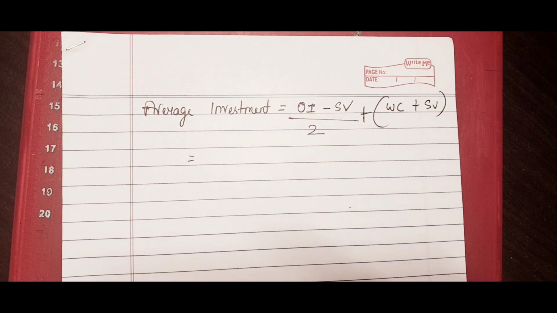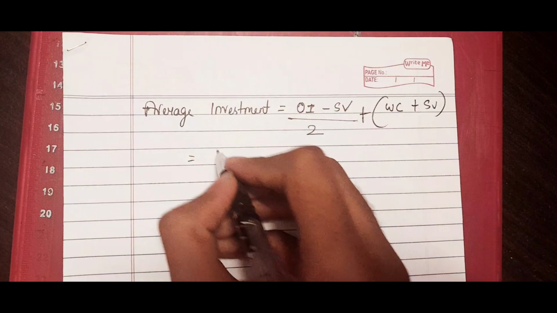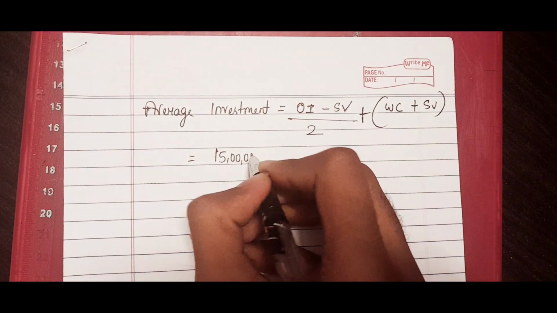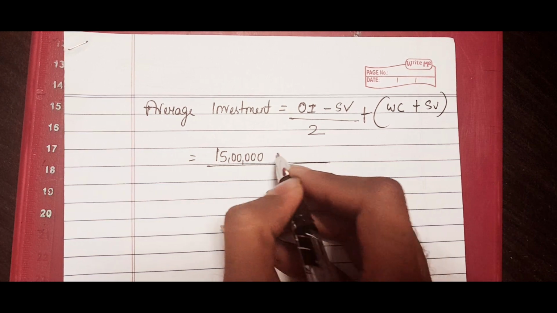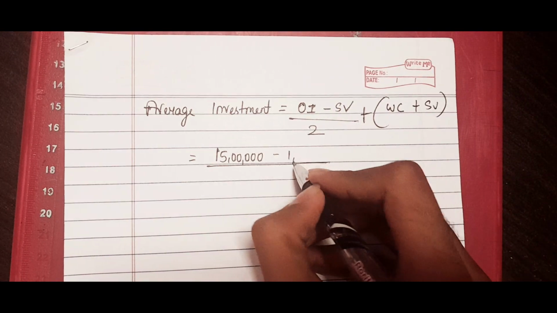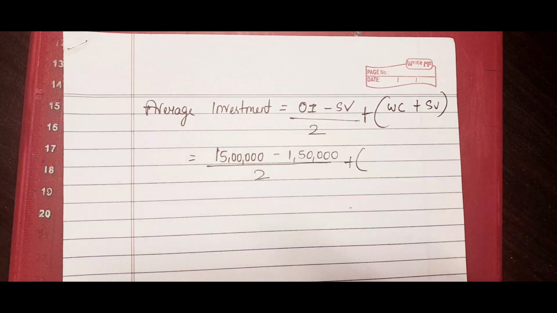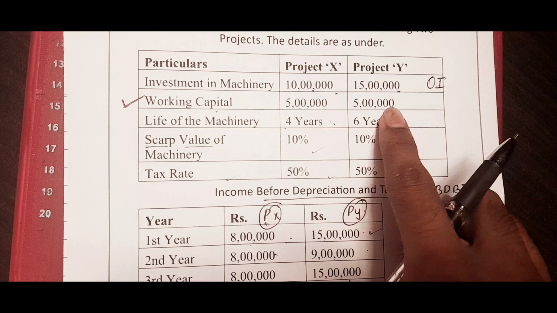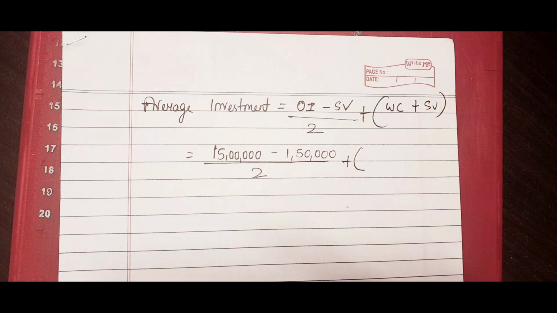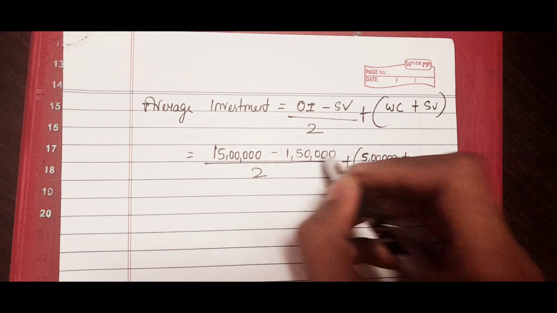Now original investment they have given in the question. Original investment is 15 lakh minus scrap value. Here we have found out the scrap value is 1,50,000. 1,50,000 divided by 2 plus working capital they have given in the question, that is 5 lakh rupees, plus scrap value.